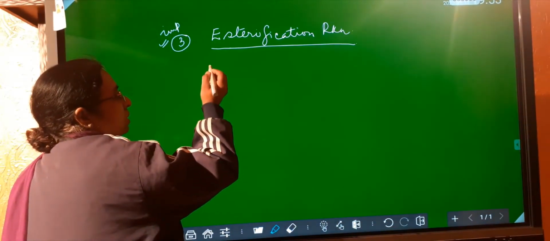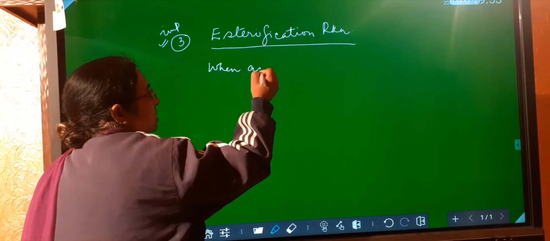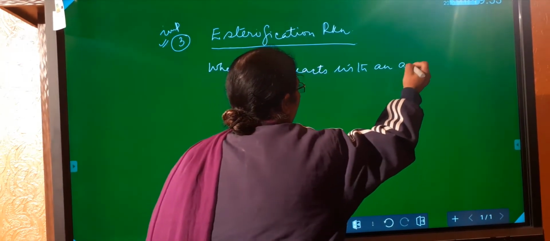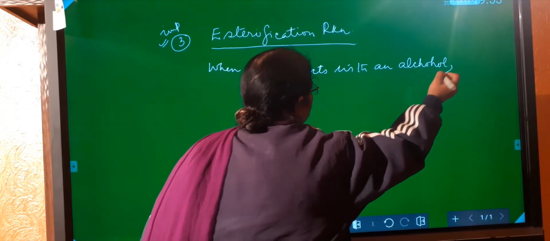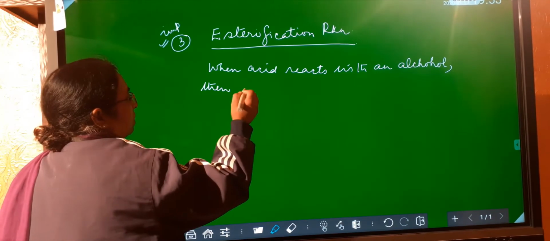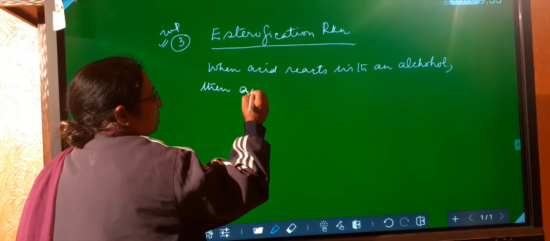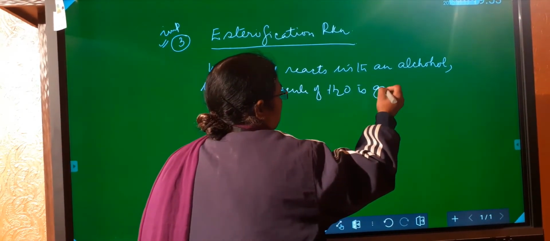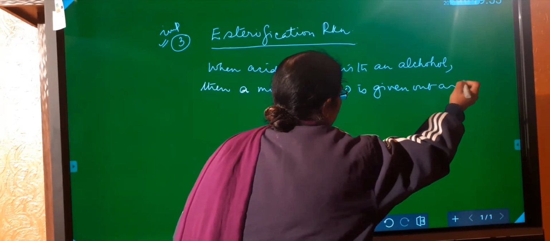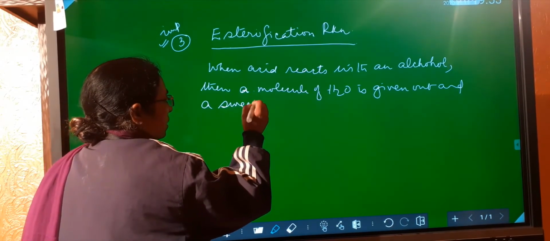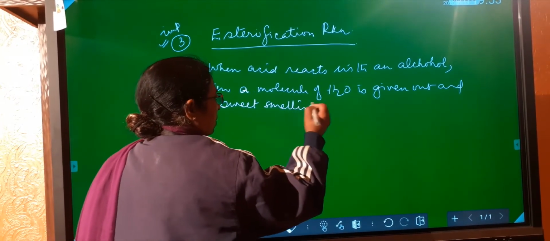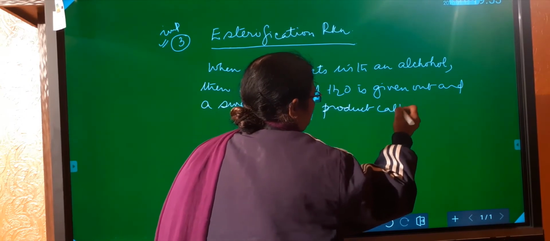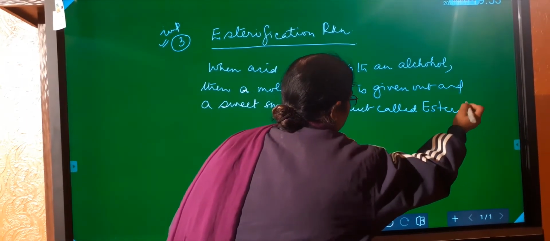This is what happens when acid reacts with an alcohol, then a molecule of water is given out and a sweet smelling product called ester is obtained.